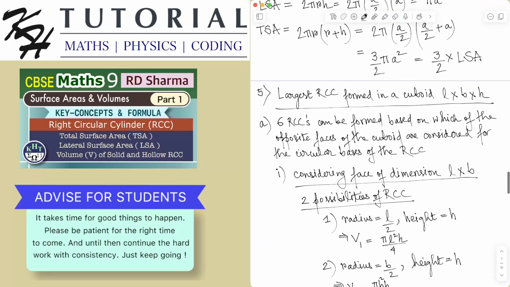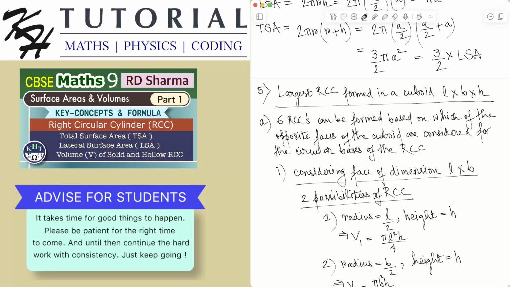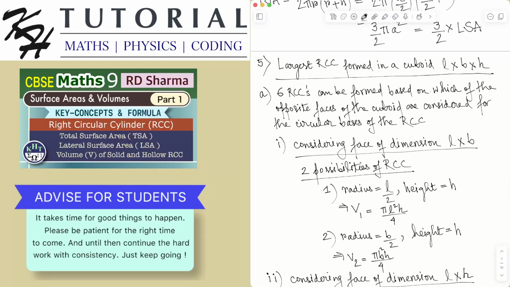This time it is asking what will be the volume of the largest RCC formed in a cuboid of dimension L by B by H, that is length L, breadth B and height H. Now in this case there is no hard and fast rule, there is no one exact formula using which you can find the volume of the largest RCC that can be cut out from a cuboid of dimension LBH.